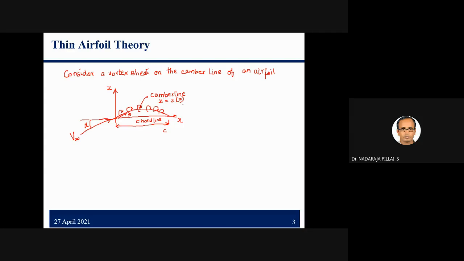Now, here let me say a small component. Say here W dash is the component of velocity normal to the camber line.